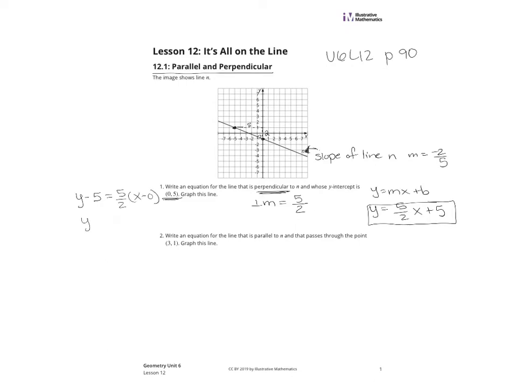So this becomes y minus 5 equals, and x minus 0 is x, so it would just be 5/2 x. Lastly, I'd have to add 5 to both sides to get y by itself. You can see how it is also equal to the exact same equation. They're the same, whichever form you use, whether point-slope or slope-intercept.